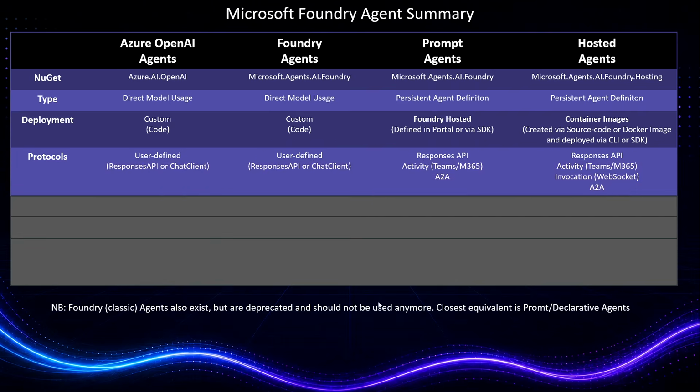In terms of protocols, it's essentially user defined because you can wrap a responses API or chat client around whatever you wish to do. The same goes for Foundry agents because you're in full control. The prompt agents, when you just get them out of the portal, come back as responses API, but they can be exposed as Microsoft Teams or Microsoft 365 without you writing any additional code.